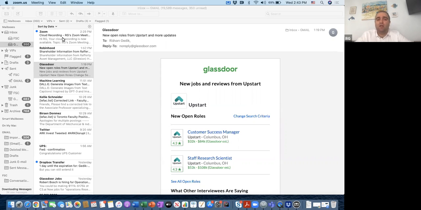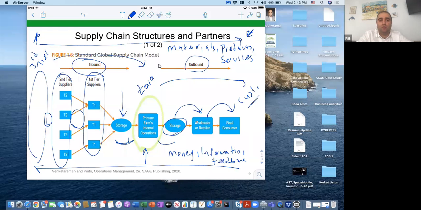So one of the main operations of supply chain would be to handle, organize, and monitor these flows of materials, flows of products and services, from raw materials to customers, and from customers to third tier suppliers.